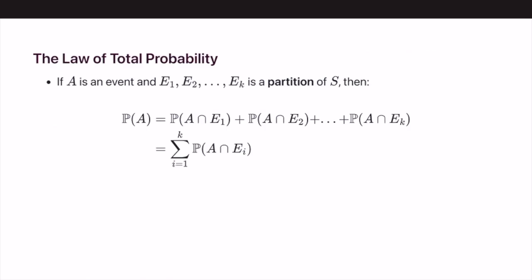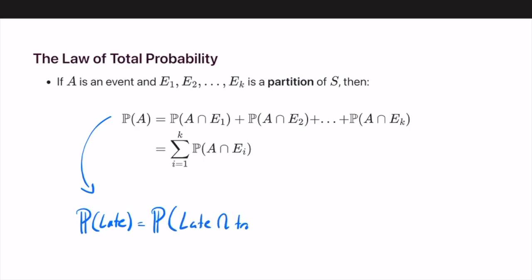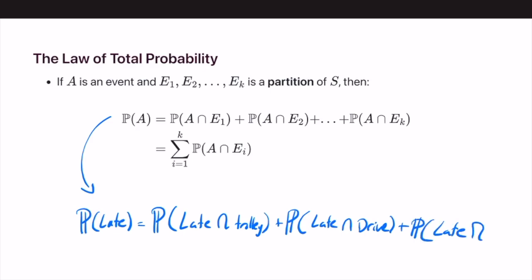Just to showcase that we've already done this, it would be like saying the probability of being late is equal to the probability of being late and trolley, plus the probability of being late and drive, plus the probability of being late and bike.